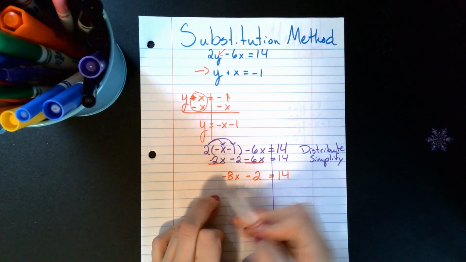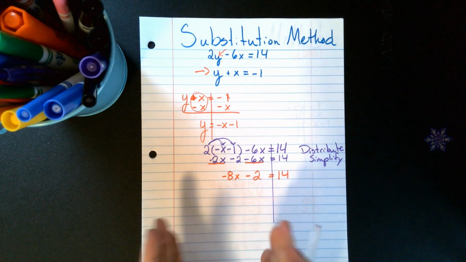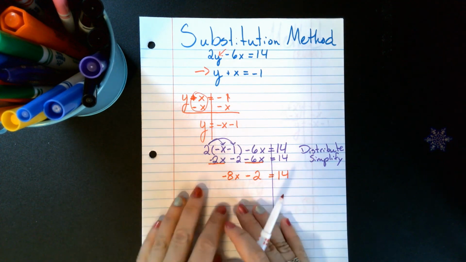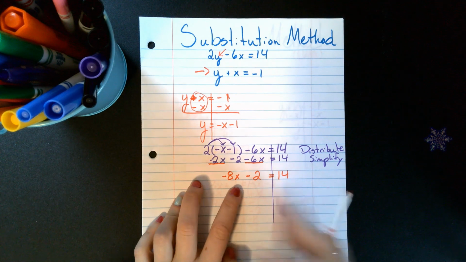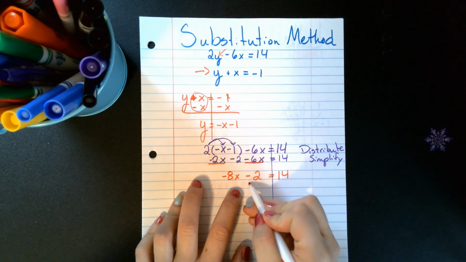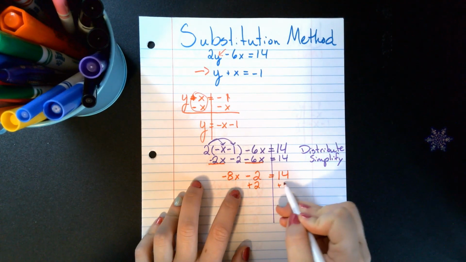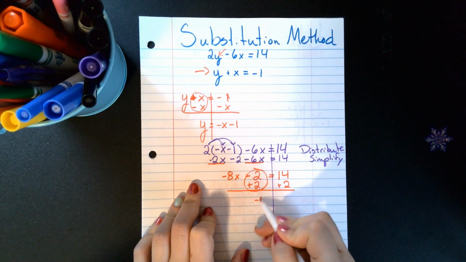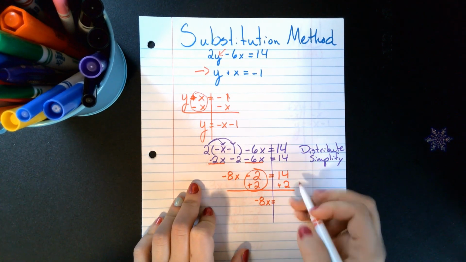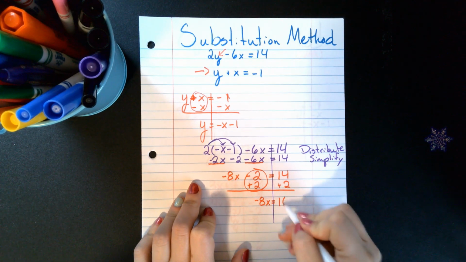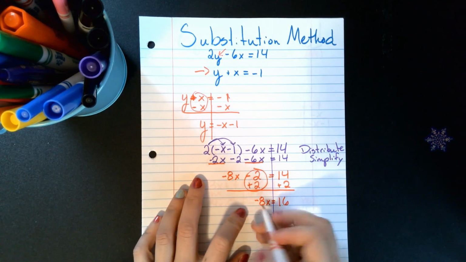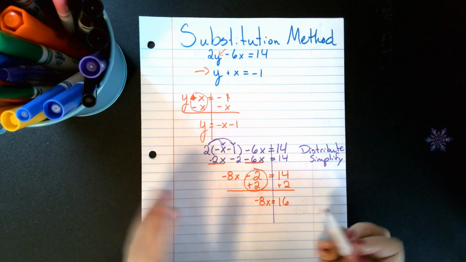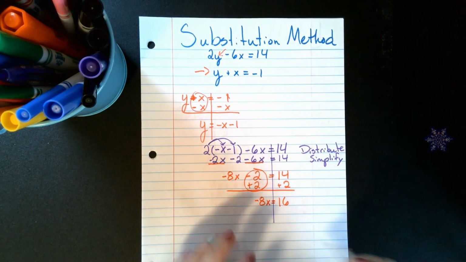So my x's are already isolated, which is the super nice thing about the substitution method. Typically the variable is already isolated, so you just have to get rid of your units. So I'm going to add 2 to both sides. And then negative 8x equals 14 plus 2, which is 16. I know I have now ended up with a negative variable. That happens.